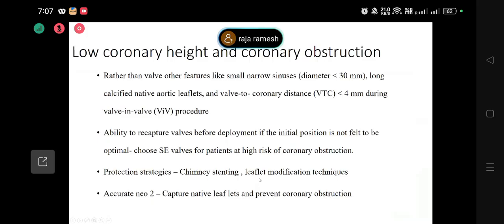Other techniques called leaflet modification techniques are there, like BASILICA and ShortCut or UNICORN, not important at this level of discussion. But remember, there are leaflet modification techniques which will prevent coronary obstruction if you do them pre-procedure in a patient at high risk for coronary obstruction.